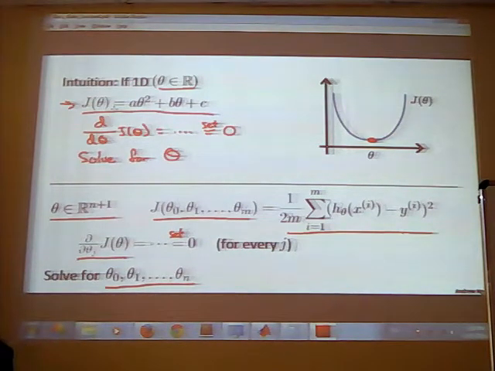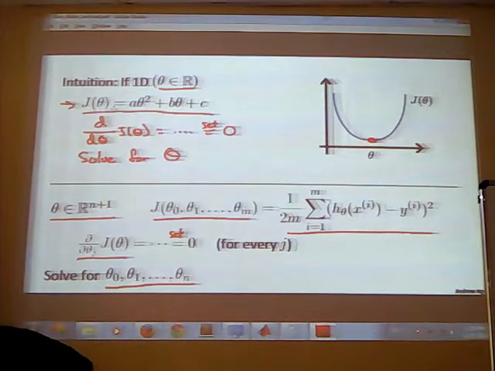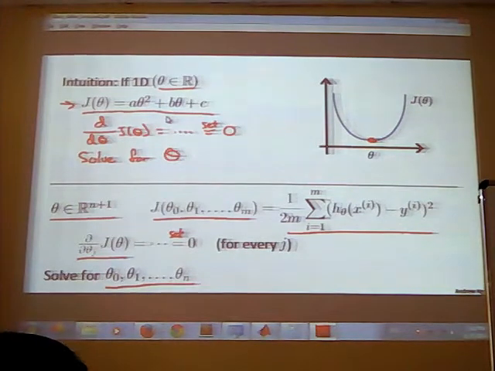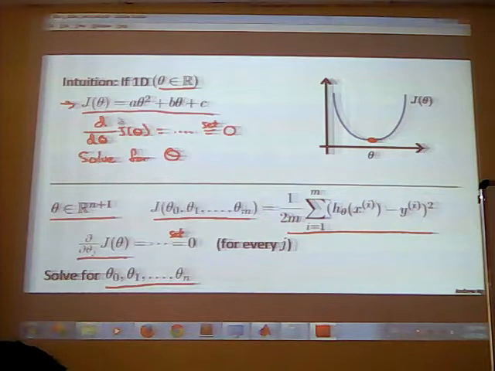Previously we were using the square error function for the linear model. If we are using the normal equation, suppose we have a cost function like this, a theta square plus b theta plus c, and we want to minimize it. We will differentiate the cost function and equate it to 0. In mathematics, you must have learned about differentiation and partial differentiation.